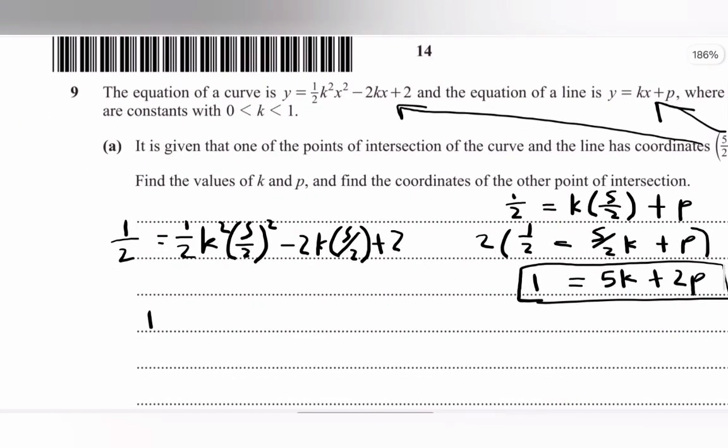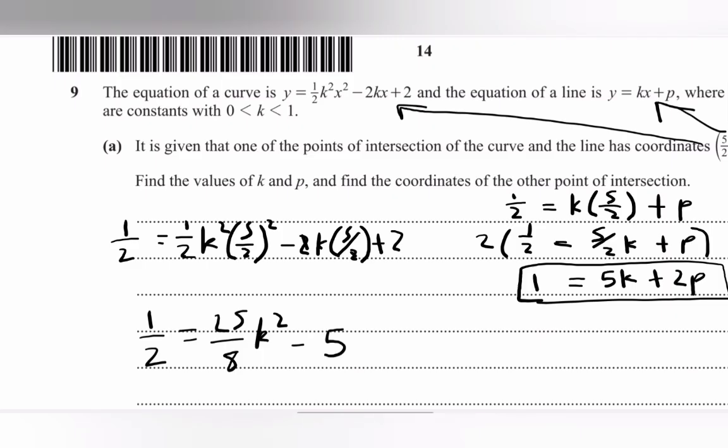Now simplifying this, we get half is equal to 5 over 2, the 5 squared is giving us 25 over 4. So 25 over 4 times half, that's 25 over 8 k squared.